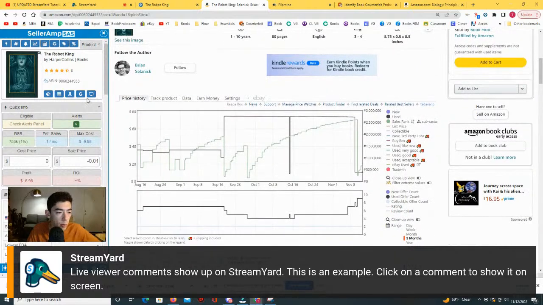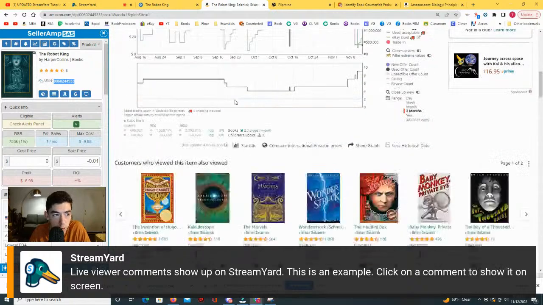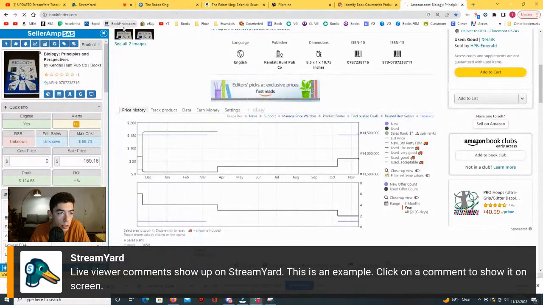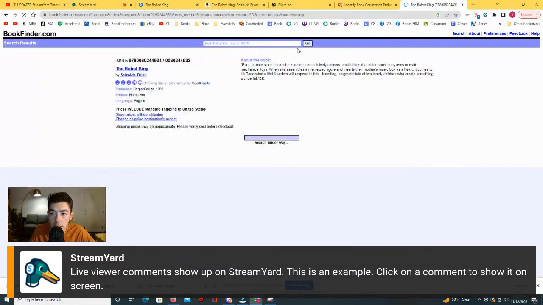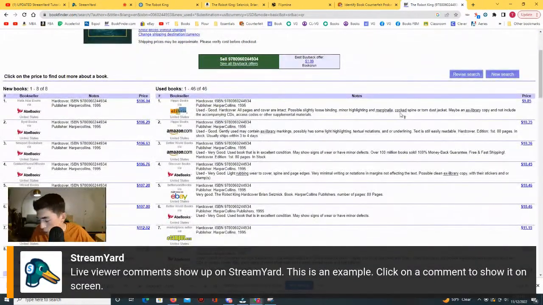But let's say you wanted to check this book to see if it's the cheapest available. What I would do is click the ASIN. I'd copy the ASIN on SellerAmp, or I'd go all the way down to the bottom of the product details, copy the ISBN, and then go over to a website called Book Finder, type in the ISBN or the ASIN, and it's going to show you all of the other used offers on these different marketplaces.